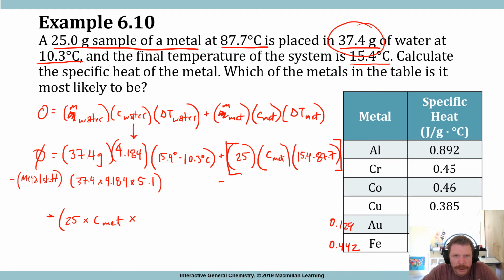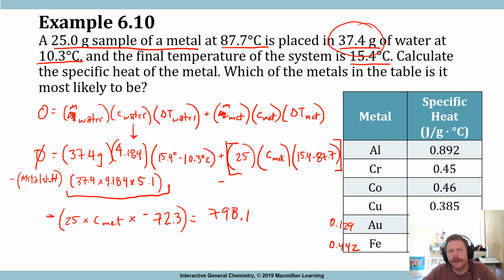That's going to be negative 72.3. That is equal to, and now I'm going to take this whole function right here and figure out a number for that. 37.4 times 4.184 times 5.1 equals 798.1.